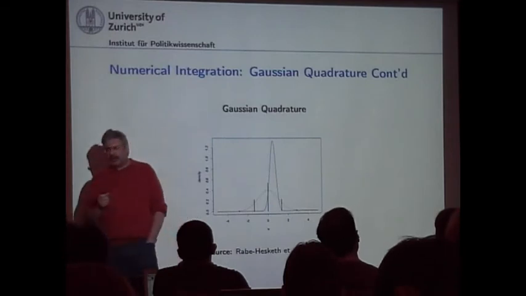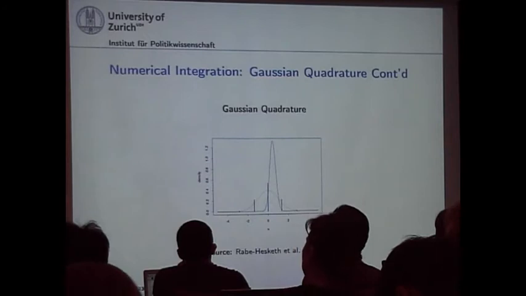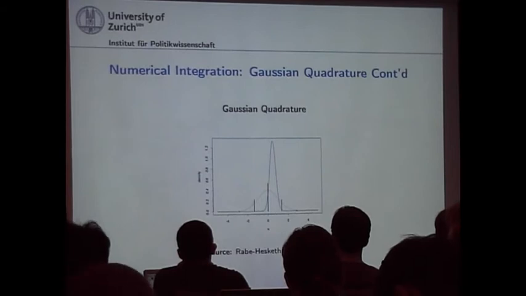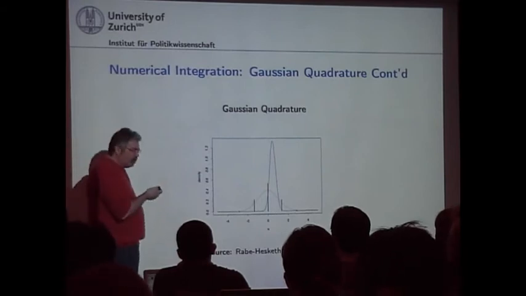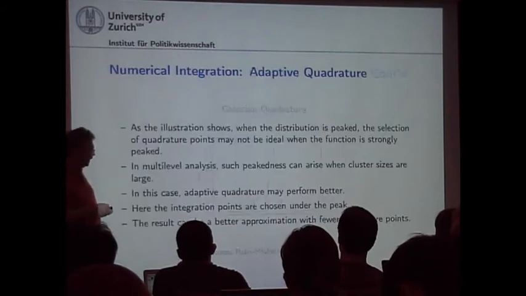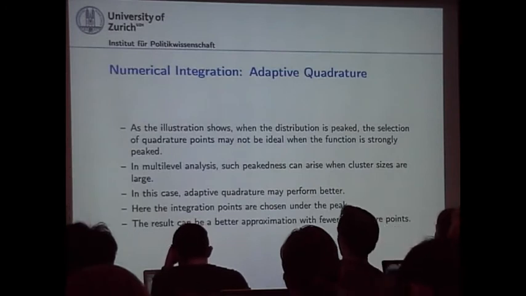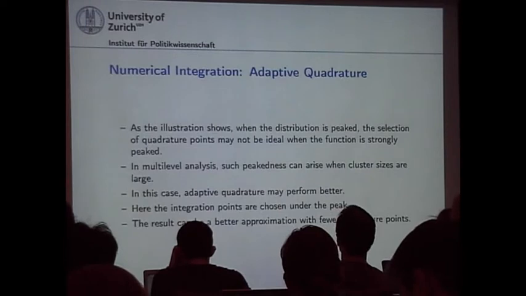And this is now the idea that the authors of ELECDEM came up with: to improve this by adapting where the quadrature points are located. So there's a known problem with Gaussian quadrature when you have really peaked curves.